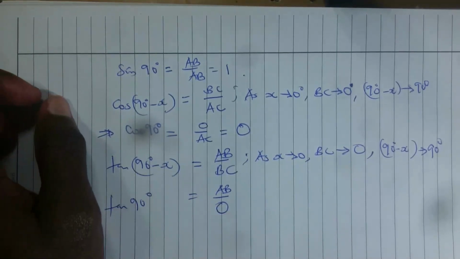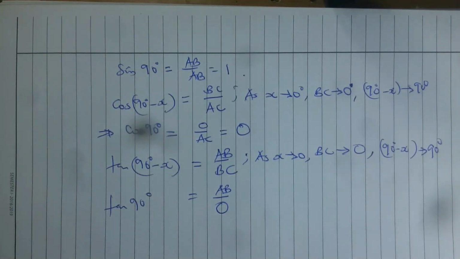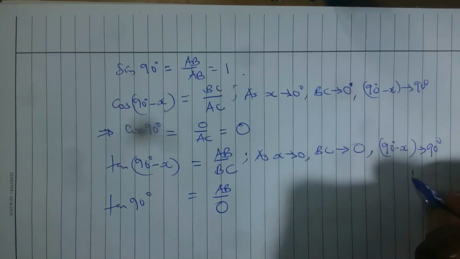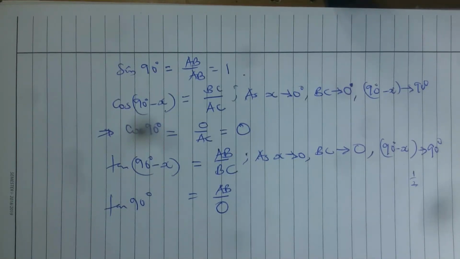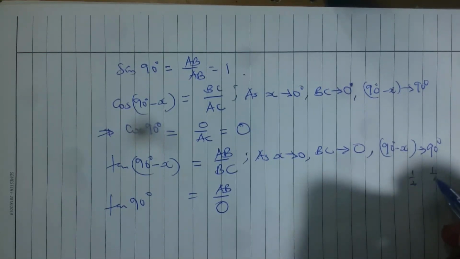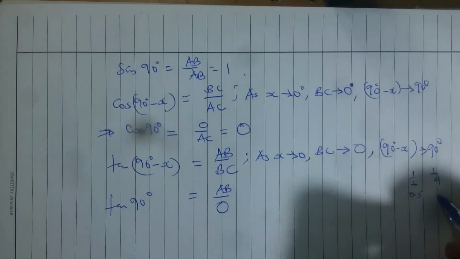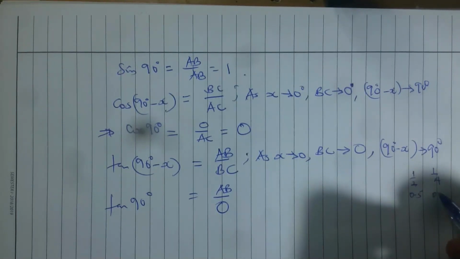And any number divided by 0 is undefined. If you press it in a calculator, it's going to bring a syntax error. For that case, it doesn't mean it actually can't be found, but it's some number which we remember. As you divide a number by a bigger one, let me say if you have 1 out of 2, and you compare with 1 out of 4: 1 out of 2 is 0.5, 1 out of 4 is 0.25.